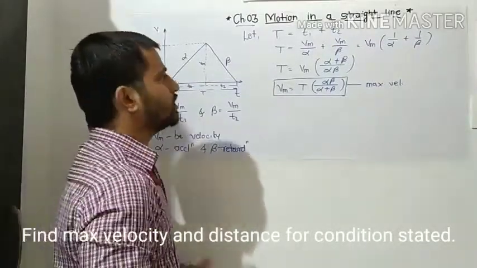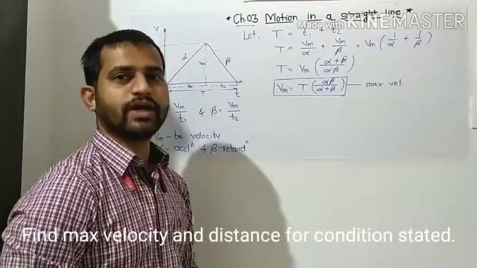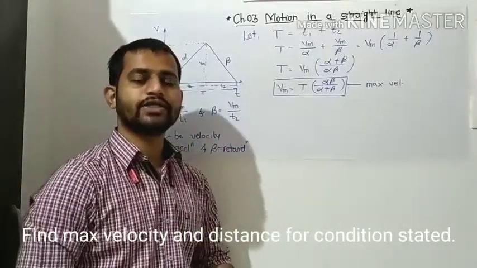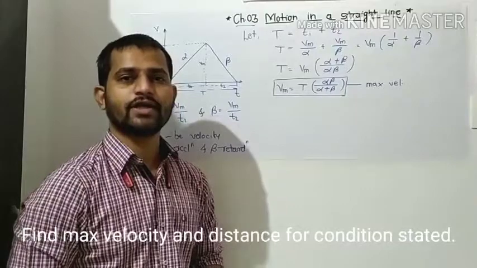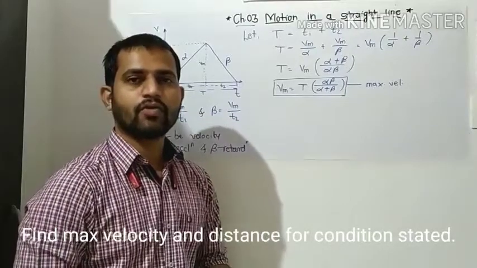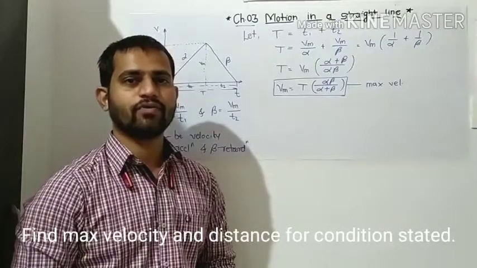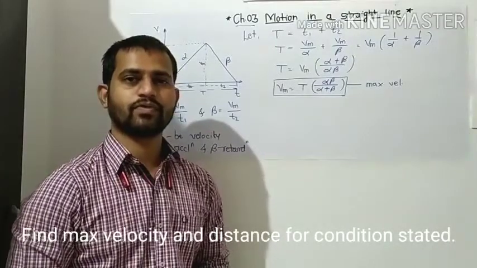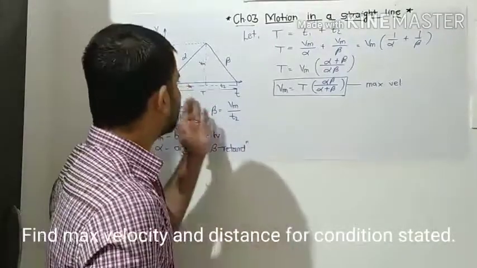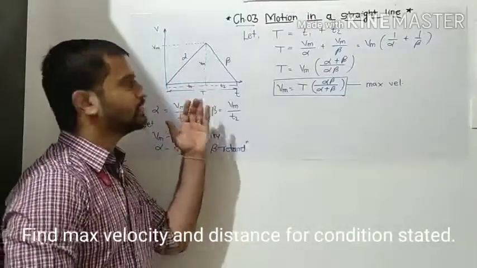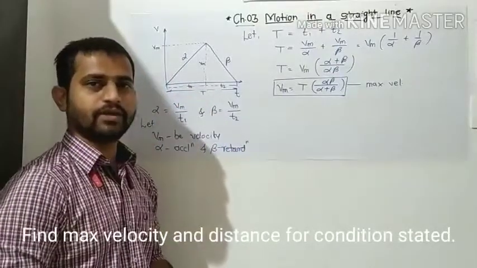Now the second step in the problem is finding the distance. How can we find the distance? For the distance in the VT curve, we have to go for the area of that particular profile. How is the profile of these conditions given? It is one triangle.